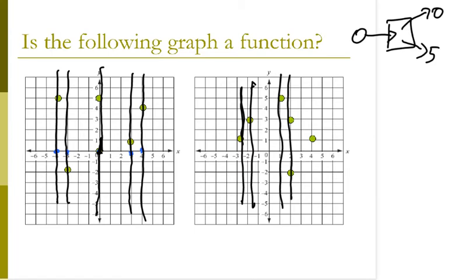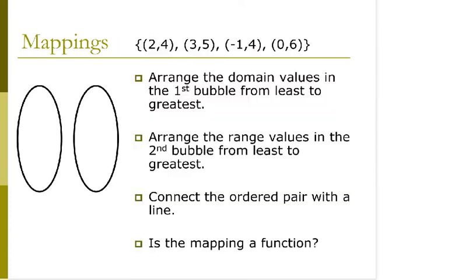So essentially a mapping is another way to describe a relation. So we've seen where we've described relations with points on the coordinate plane or ordered pairs, but a mapping is another way. And here's what a mapping would look like.